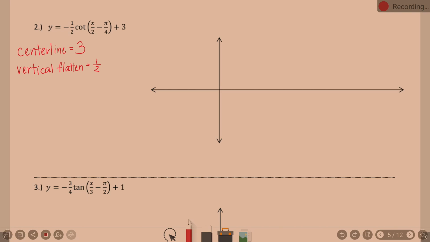But I don't really pay attention to the factors. Gosh. Now, what did you guys catch at that point? There's a negative, and a negative means it's going to reflect. And of course, we are reflecting across the x-axis. Okay. What about the period?